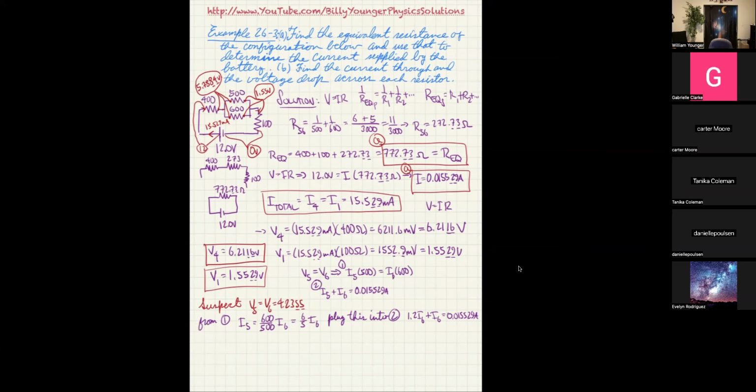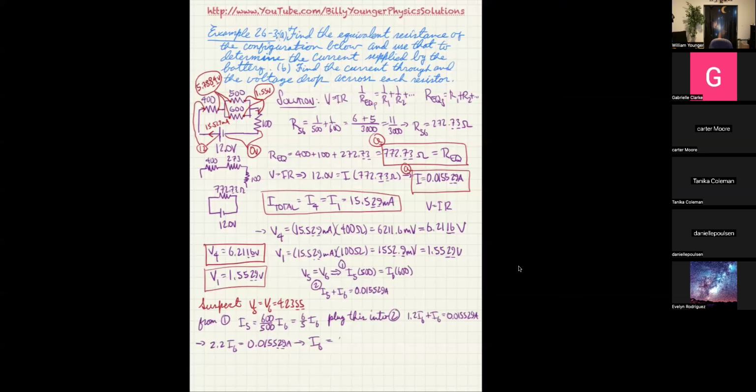So this is in fact giving me that 2.2 times I6 is equal to 0.015529 amps. Again, the 2 and the 9 are not significant figures. So I6 is going to equal 0.015529 divided by 2.2.